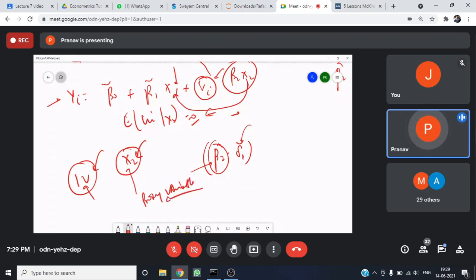So if ability is a variable which I cannot observe directly, I'll have a proxy variable. Proxy variable means the variable for which you can collect the information and which reveals characteristics about the unobservable variable.